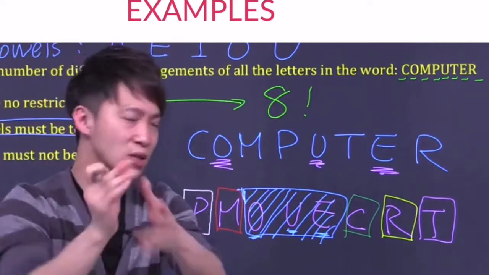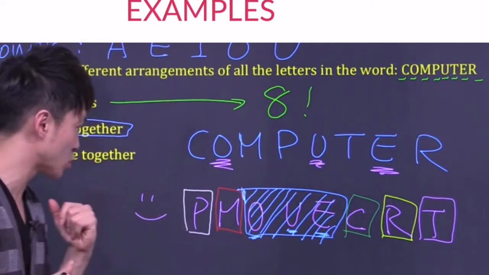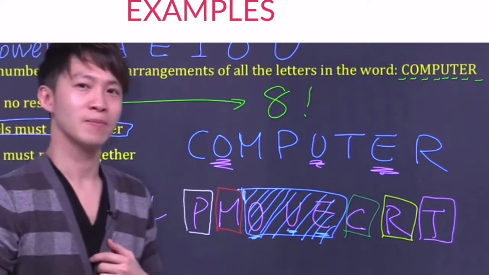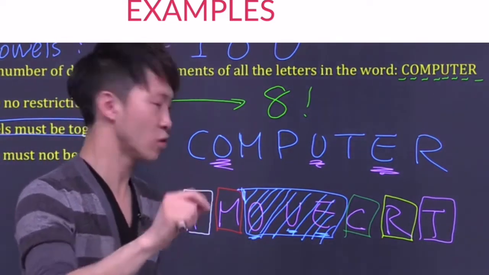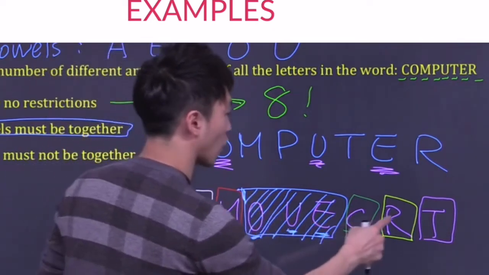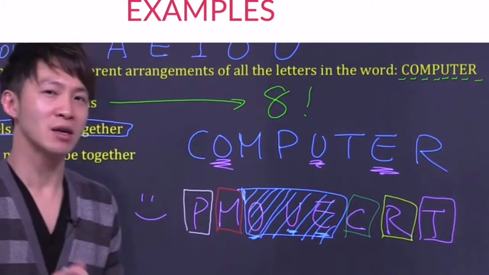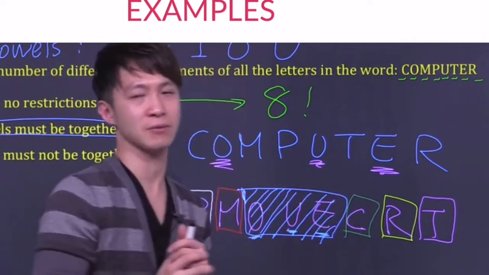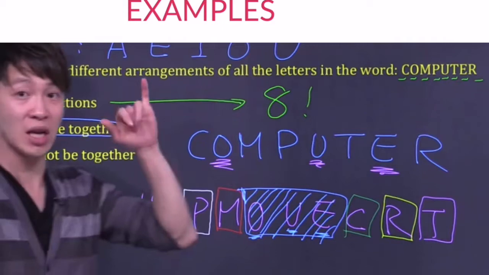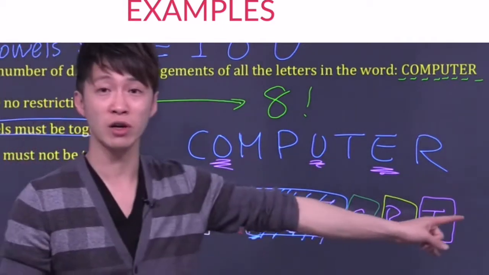Now rethink this question. How many ways can you arrange 1, 2, 3, 4, 5, 6 boxes? How many ways can you arrange 6 distinct boxes? Distinct means they are all different, right? They are all different colors.